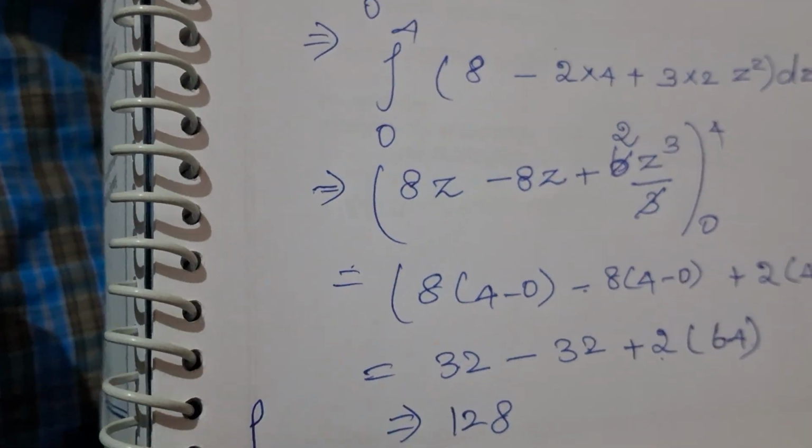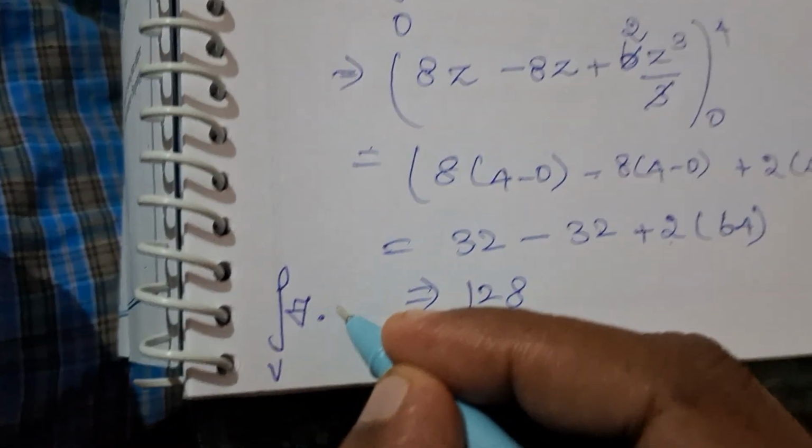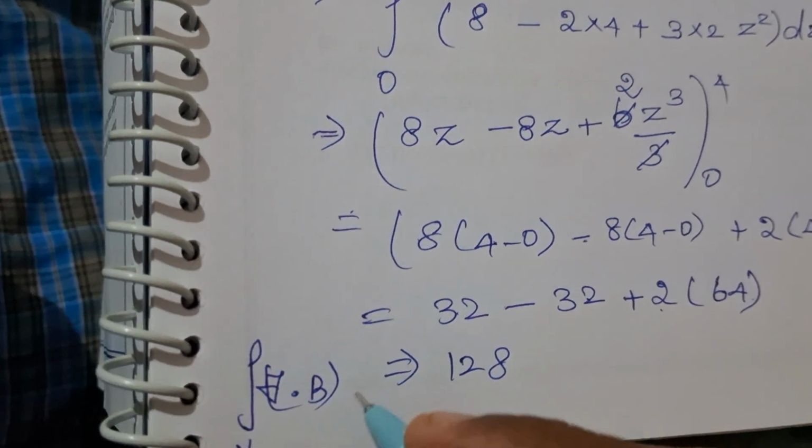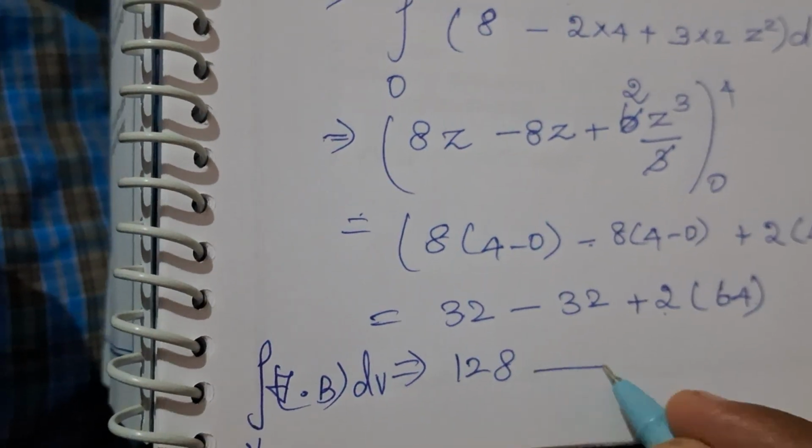So the value of the volume integral of del dot B dV is 128.